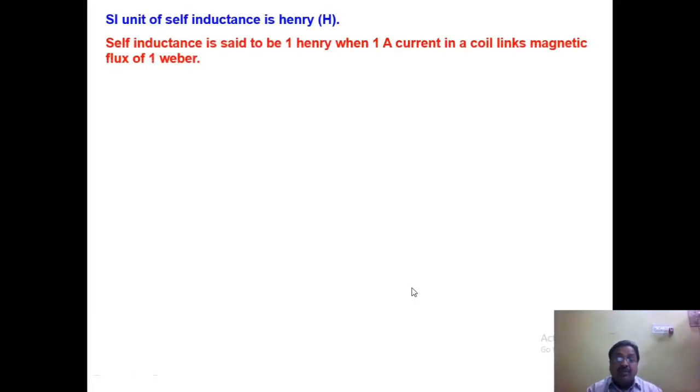So, self-inductance is said to be 1 Henry when 1 ampere current in a coil links magnetic flux of 1 Weber. That we get also from phi equals LI.